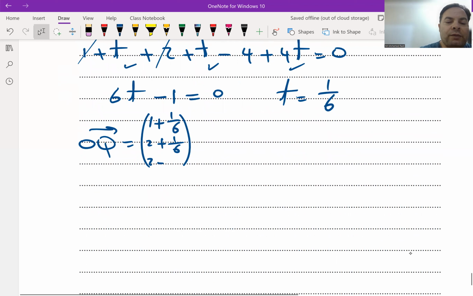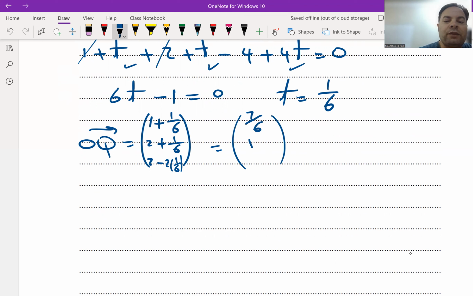Simplified, the first part is 7 over 6, the second part is 13 over 6. The third part, 2 minus a third, is 1 and 2/3, which as an improper fraction is 5 over 3.